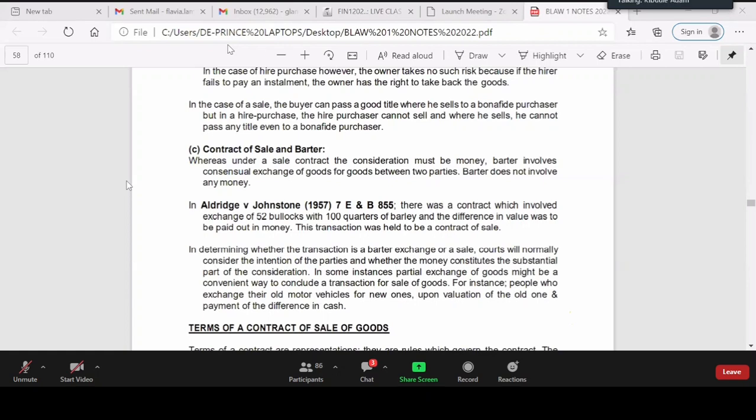Under the law of contract for sale of goods, these are the types of contracts, and we looked at some contracts when we were starting the law of contracts, the bilateral, the void. Those ones are called what? We can call them the bilateral, the simple, the specialty, the unilateral.